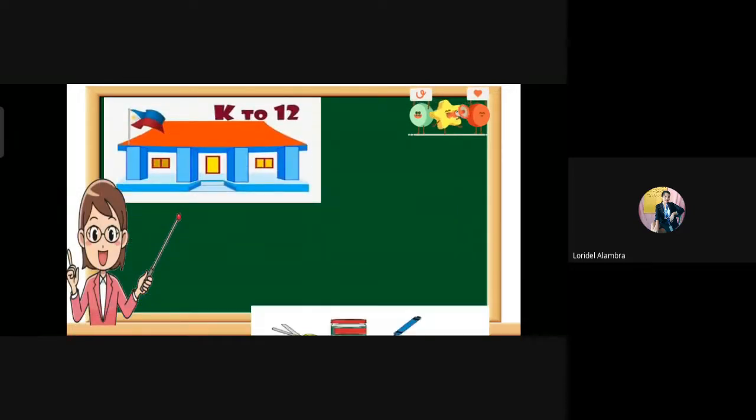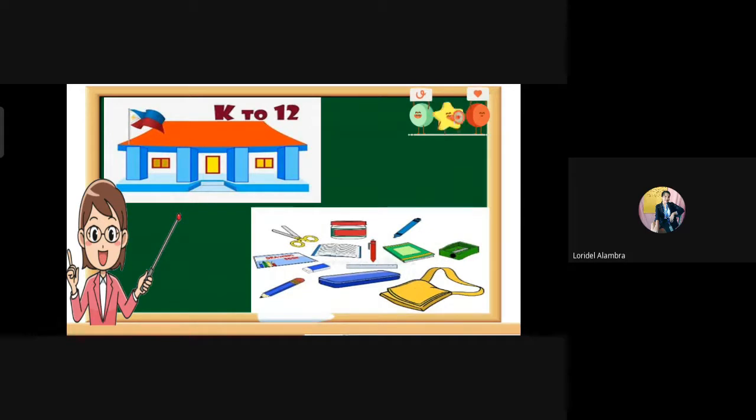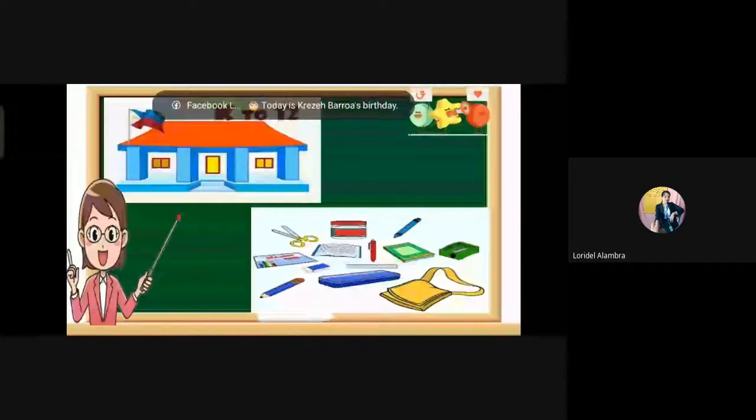So I have here different pictures. So what can you see in the picture? Very good.